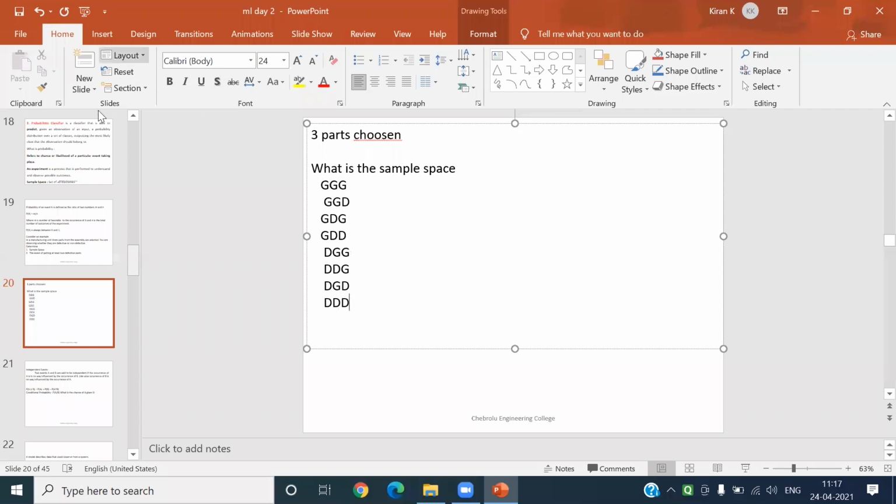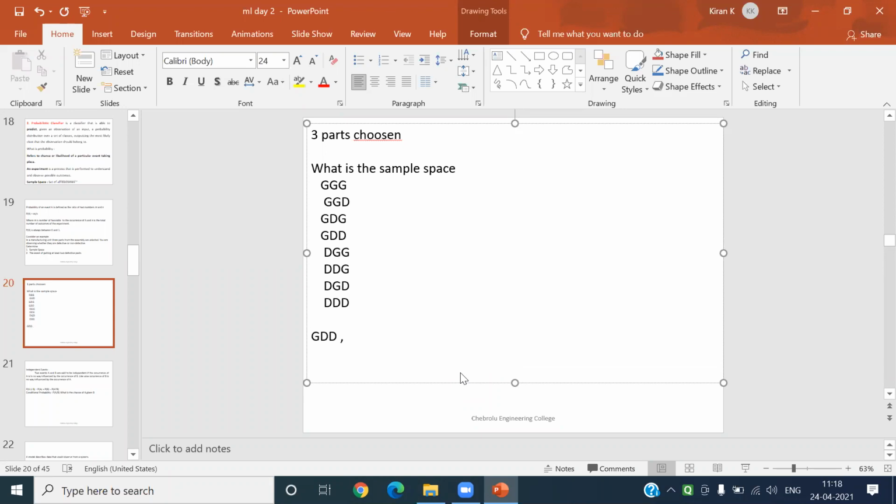Now, we were asked to find the probability of getting at least two parts bad. What are the minimum two parts that are bad? So what are all the possible events? We can see GDD is our event.